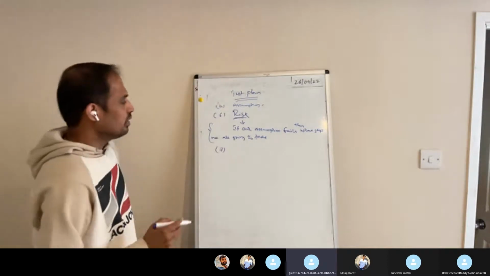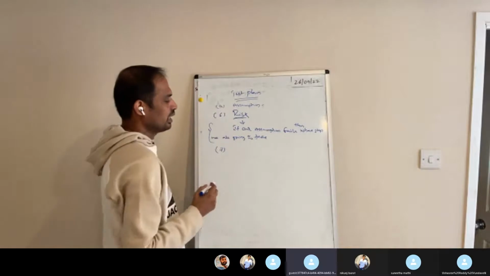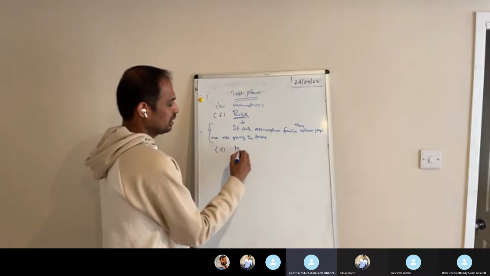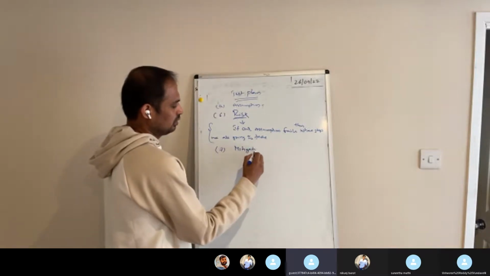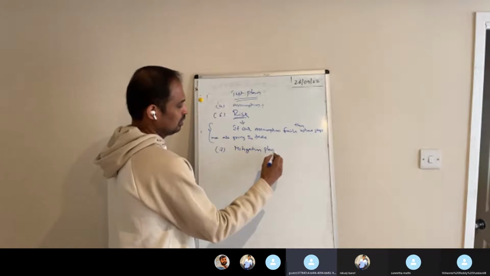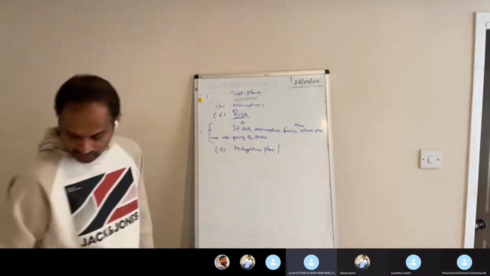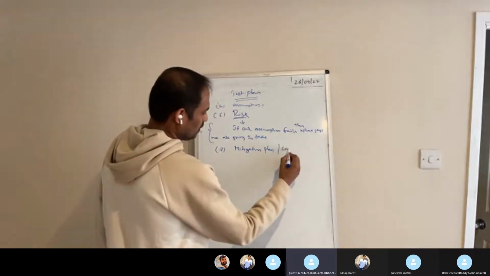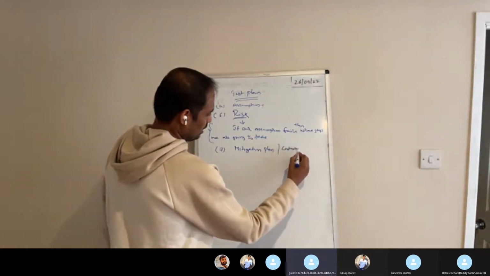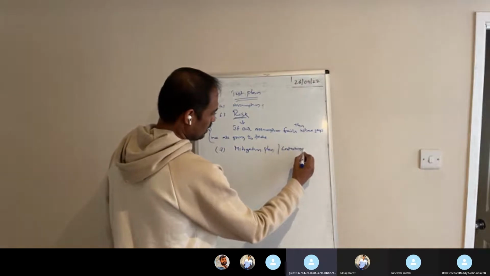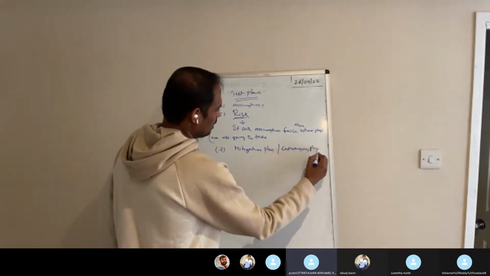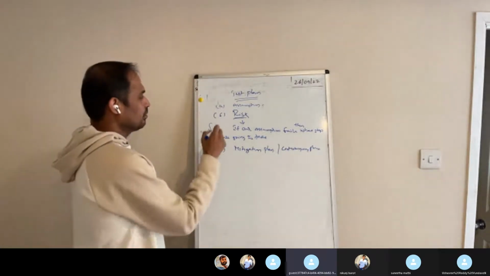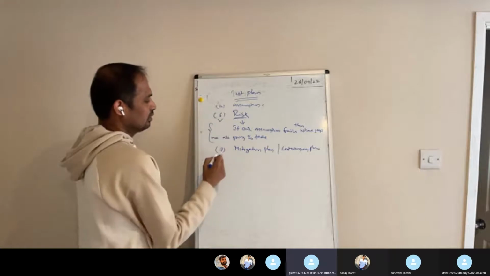If we have a risk, then we need to have a plan to overcome this risk. So, a mitigation plan or contingency plan. Here, if the risk materializes, we need to plan.